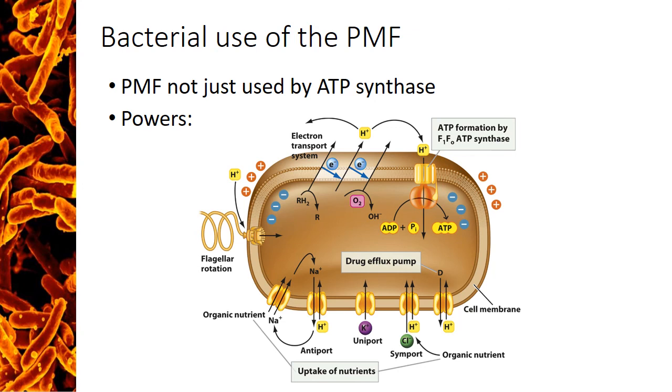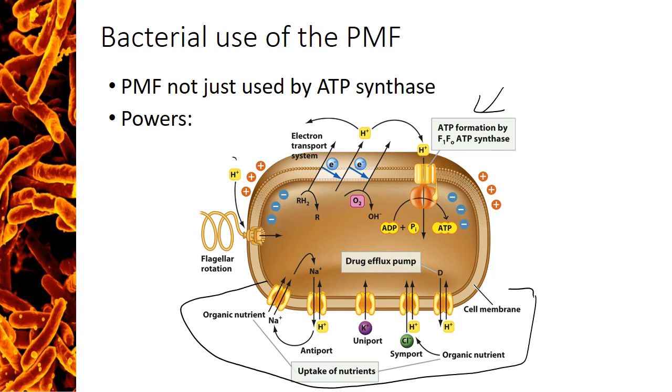While much of it is going to power ATP synthase, seen here, some of it is also commonly used in secondary active transport to either bring other molecules into the cell or to release waste products out of the cell. Additionally, it's the proton gradient that powers the motor that causes the flagellar rotation and movement of the flagella itself.